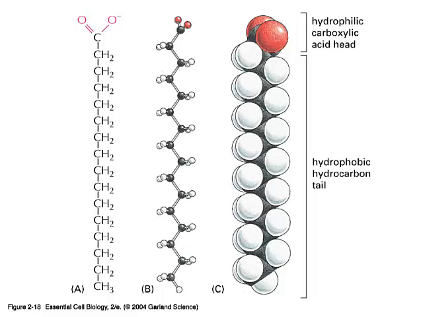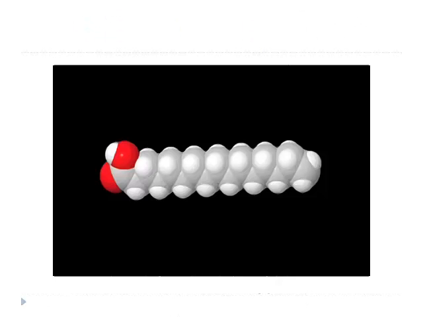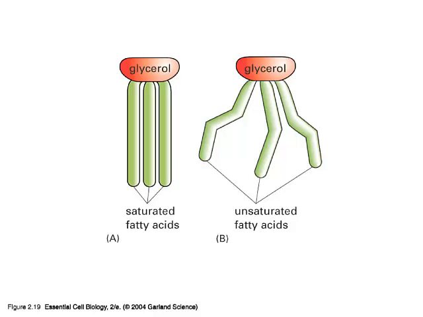Carboxyl group, right? That's the reactive group that is often attached to another type of molecule at the head, right? So in the case of triacylglycerides, glycerol is what's attached through covalent bond through that carboxyl group, forming a covalent bond in 3 places with the glycerol.